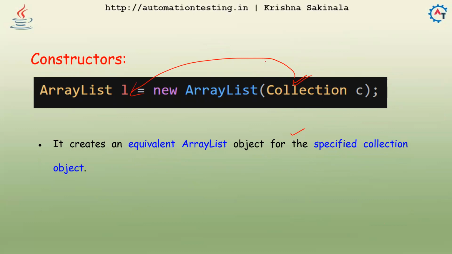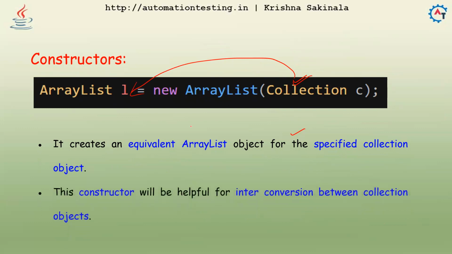If you give any other one, it will convert it into a similar ArrayList. This constructor will be helpful for interconversion between collection objects. If you provide another collection, it will be converted to an ArrayList. So these are all the three constructors available in ArrayList. According to your requirement, you can use any one of them.